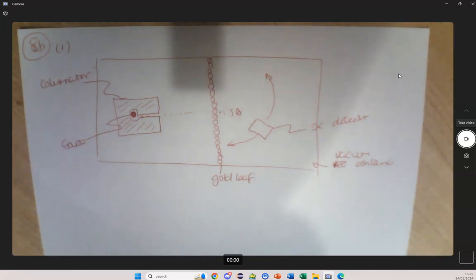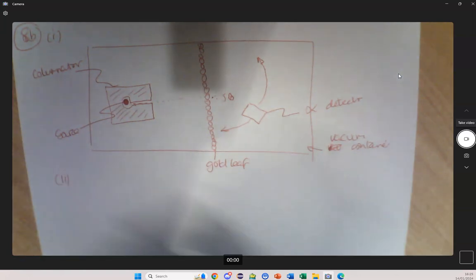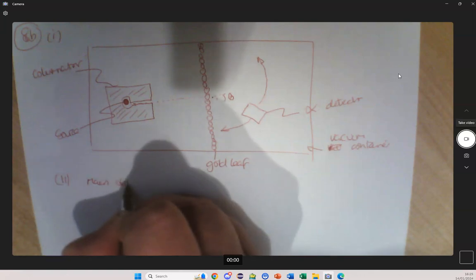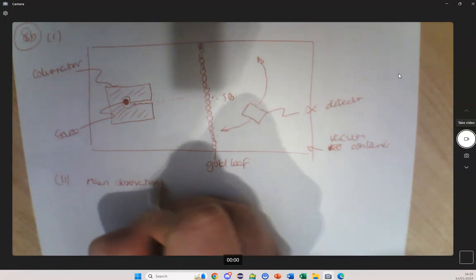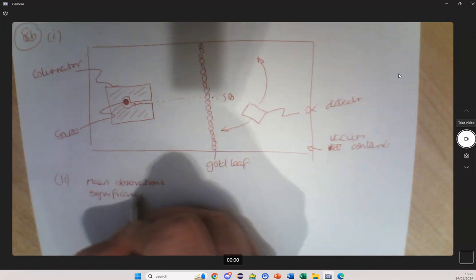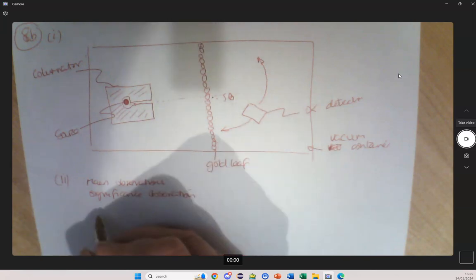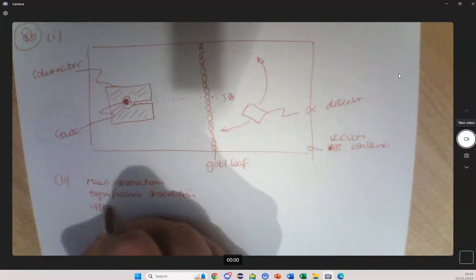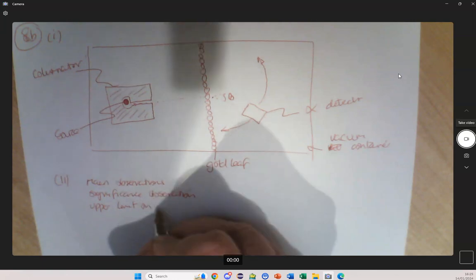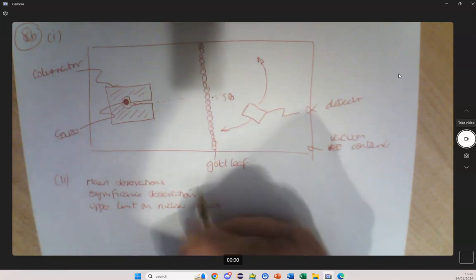The second part then, part II. There were 3 things it asked us for. It wanted the main observations, it wanted the significance of the observations, and it wanted the upper limit on the nucleus radius as a result of these observations.